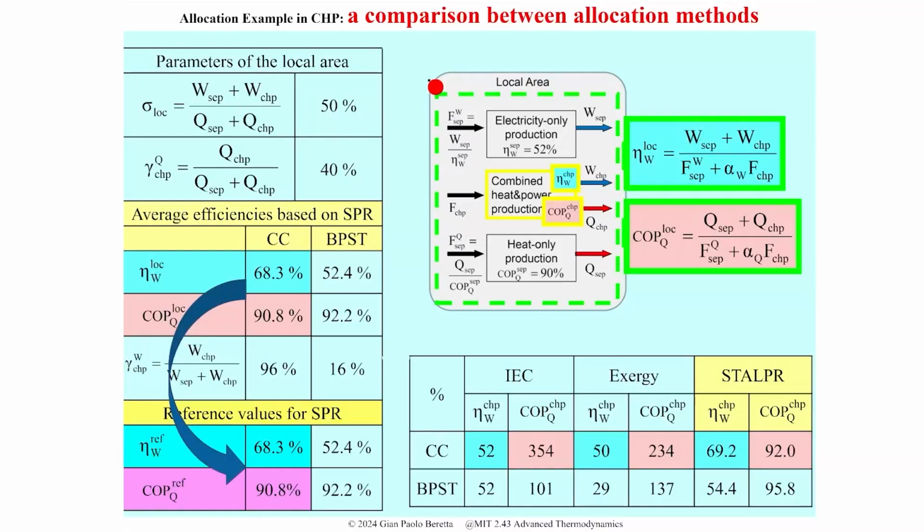Nevertheless, it's interesting to say that essentially what the local authority should use, according to our suggestion, is as reference efficiencies the average efficiencies of the local area, including the combined heat and power production facilities.